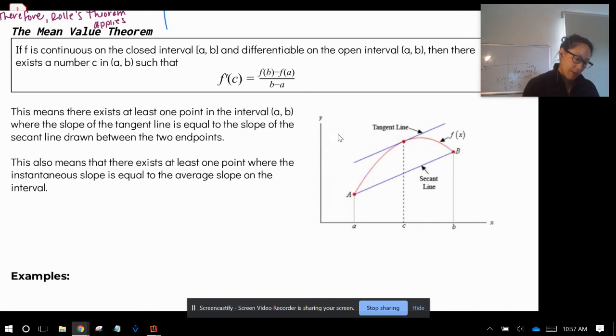It says if f is continuous on the closed interval [a, b] and differentiable on the open interval (a, b), sounds familiar, then there exists a number c, so a value c, between a and b such that f prime of c is equal to f of b minus f of a over b minus a. This is a fancy way to say that the instantaneous rate of change at c is equal to the average rate of change of the endpoints.